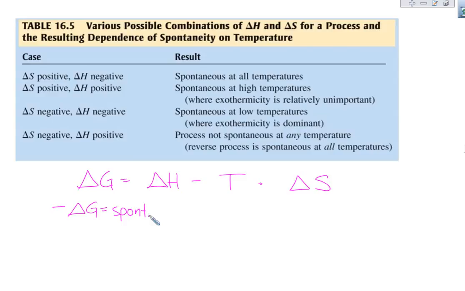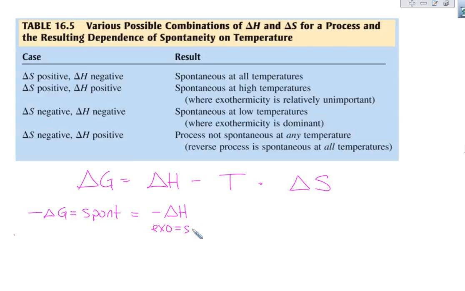Okay, well, what variables then, what conditions would cause this to always be spontaneous? I'm going to move that over ever so slightly. Give myself a little more room. Negative delta G is spontaneous. Okay, well, what if we have a negative delta H? That means the reaction is exothermic.